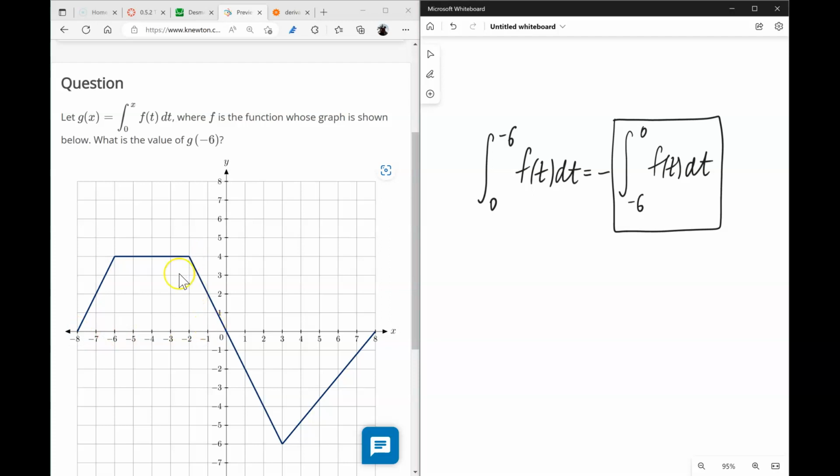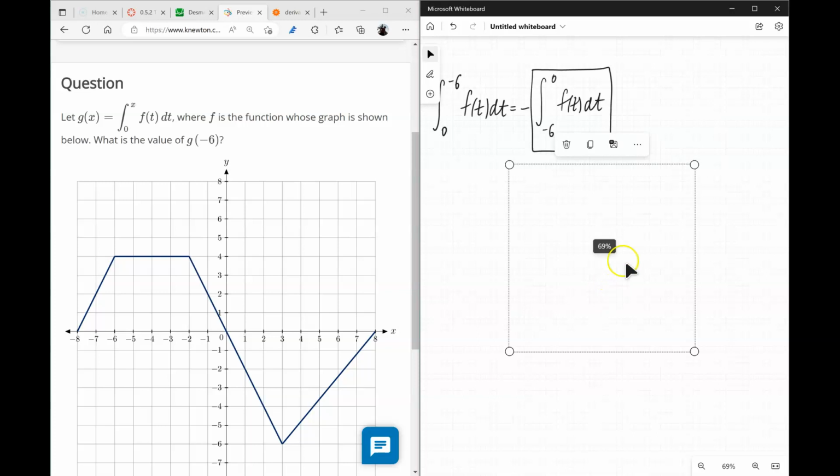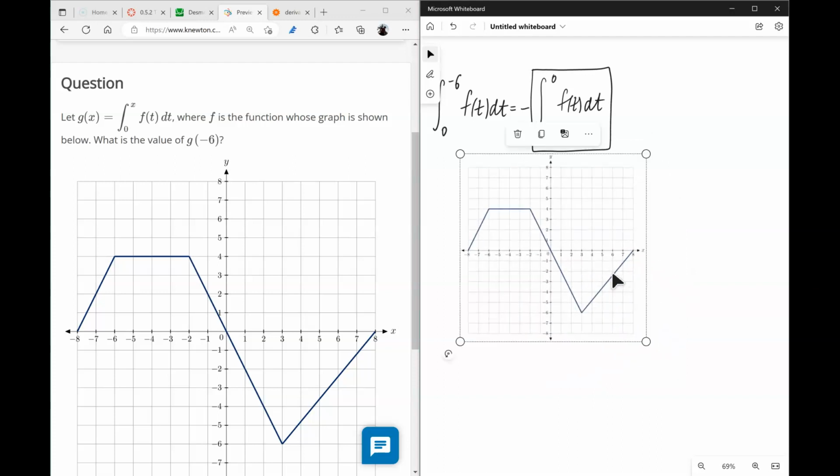From -6 to 0, let's copy this image over here. From -6 to 0, what do we have here? We have a 4x4 rectangle, and we have 1/2 times 2 times height, which is 4, the area of a triangle.